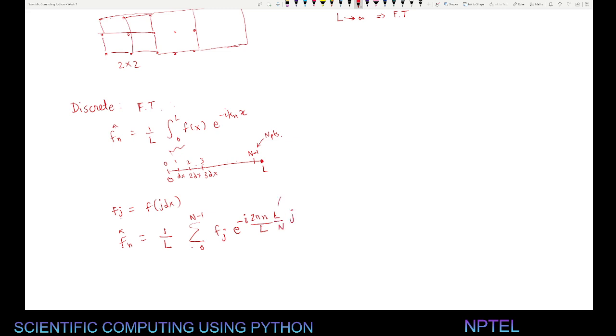This L by n is the dx, and then there was this dx which I always forget. dx is L by n, which can be taken out. So this boils down to 1 by n, sum over all j from 0 to n minus 1, fj e to the power minus i 2 pi n j divided by n.